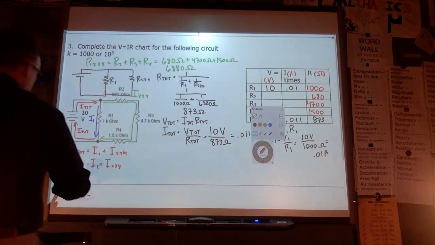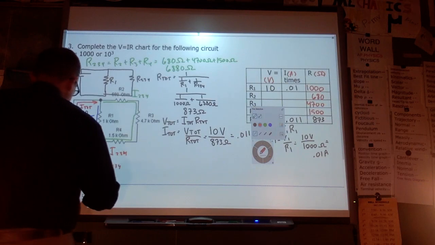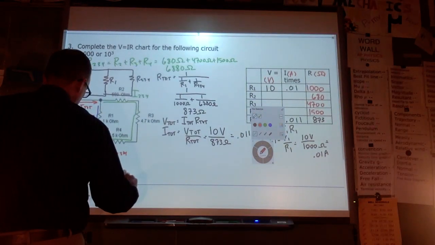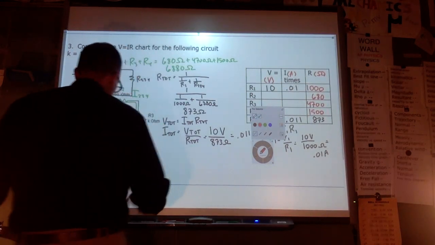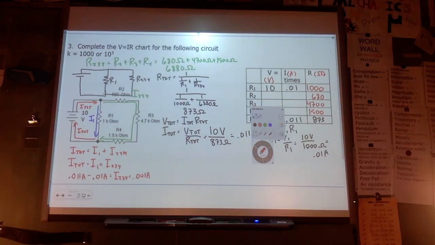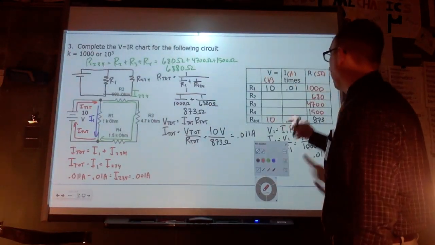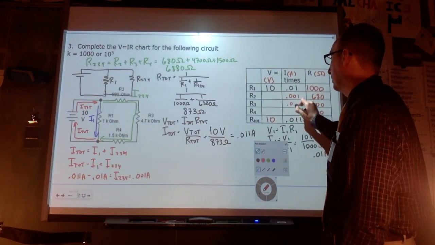So this is going to be 0.011 amperes minus 0.01 amperes. So that's going to be 0.001 amperes. Where does this go? Well, these are in series, so they all get it.